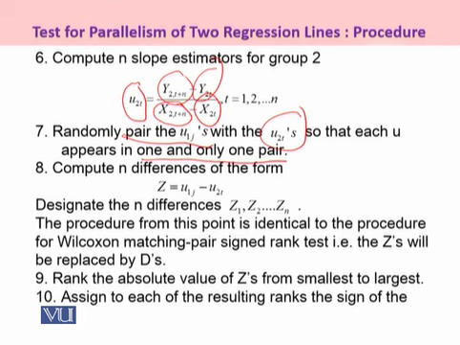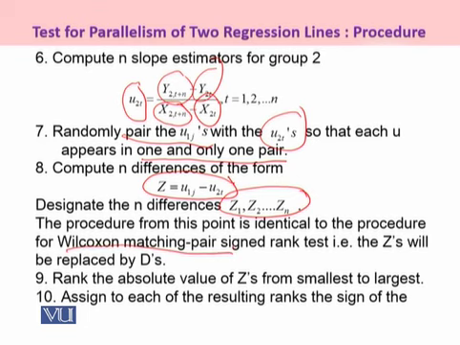Under step number 8, we are required to compute n differences of the form z, where u1j is to be subtracted from u2t. We designate these n differences by z1, z2, and so on up to zn. Once we have calculated all these z's on the basis of the pairs between u1j's and u2t's, the procedure from this point is exactly identical to the procedure for the Wilcoxon matched pair signed rank test.